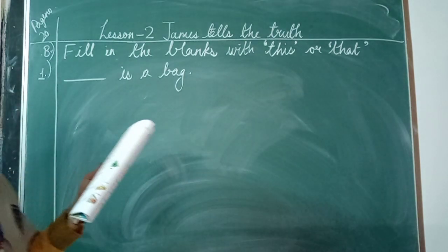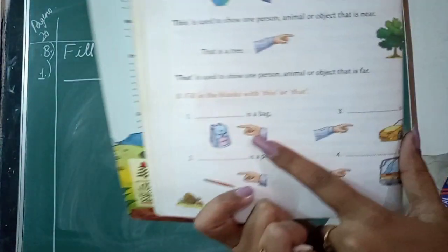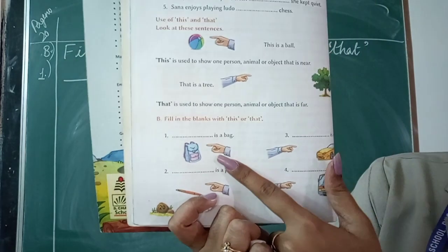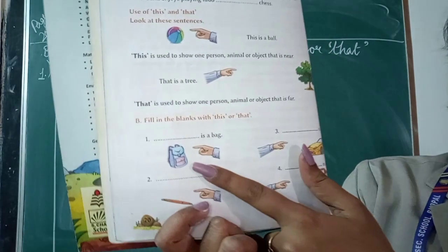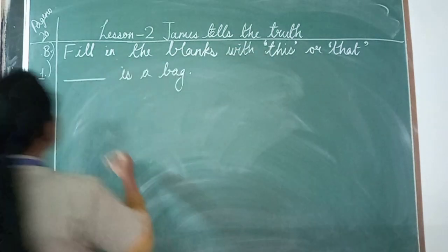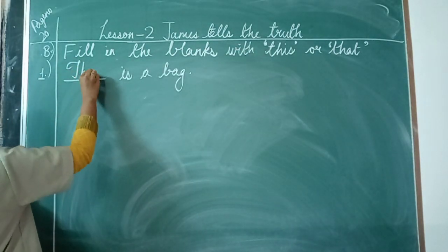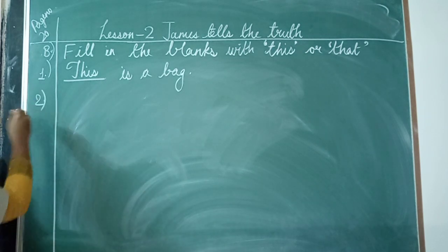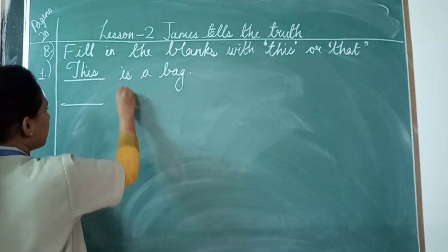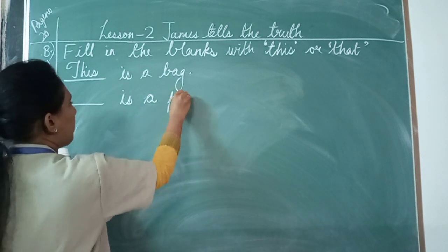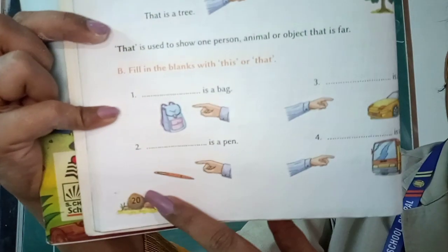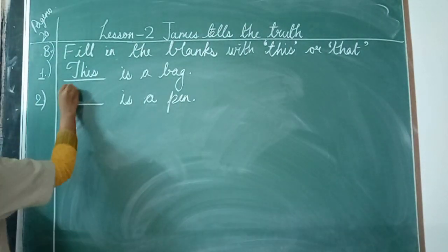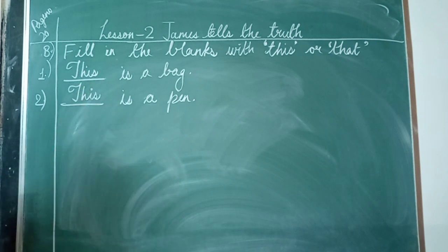The bag is very close to the person, and the person is talking about a bag. The bag is singular here and also close to the person, so we'll write this. Now the second one: blank is a pen. Again, the pen is close to the person, and it is singular. So for singular and close ones, we use this. Is that clear?